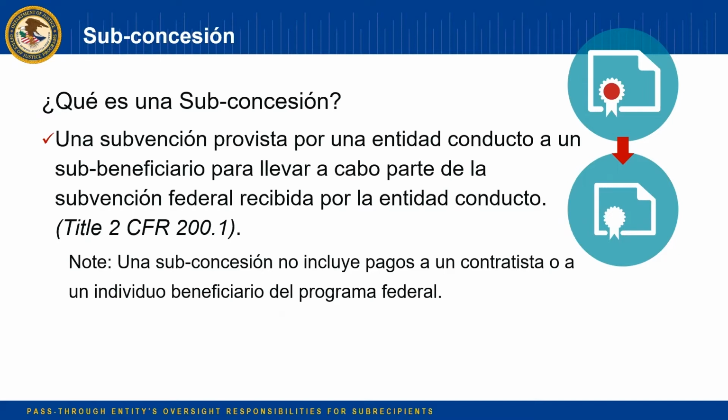And I'll give you an example. Let's just say that we're talking about federal funds that have been passed down to the widow of a fallen police officer. So even though these funds are being passed down to the police officer's widow, this does not create a sub-recipient relationship, okay? So that's very, very important that you remember that the sub-recipient will be carrying out an aspect of that particular grant program.